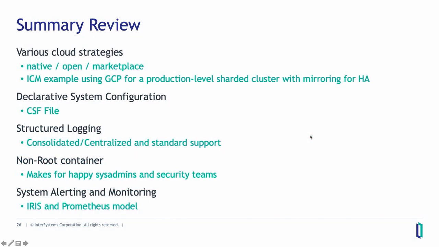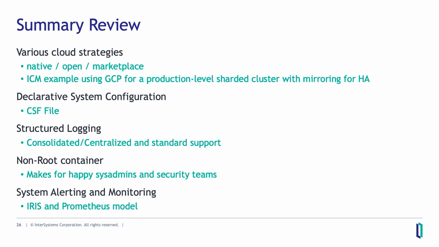So in summary, we talked about a lot of topics today. I know I spent a lot of time on SAM itself, but just a quick recap. We discussed the various cloud deployment strategies of native, open, and marketplace, and provided some examples of the defaults.json and definitions.json files for ICM deployed on a 4-node cluster. We talked about the new declarative system configuration file, or the CSF, to aid in automation and also configuration compliance or standards.